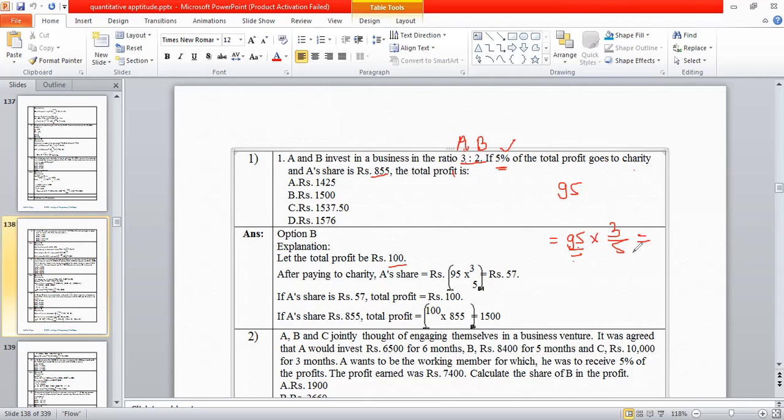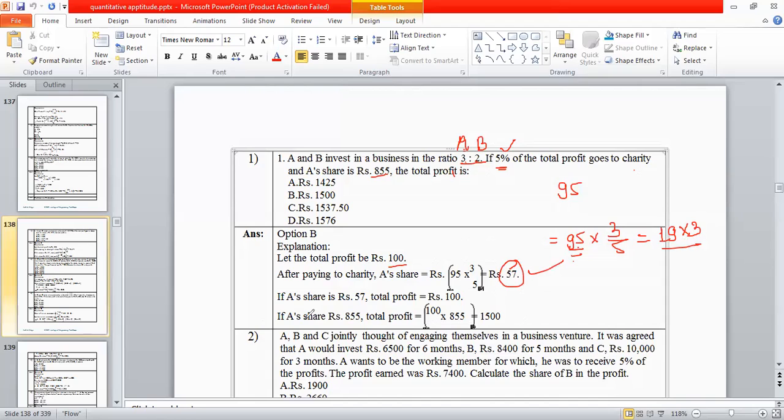Sorry, let us continue. 95 into 3/5. So what amount are we getting here? 19 3s are 57.